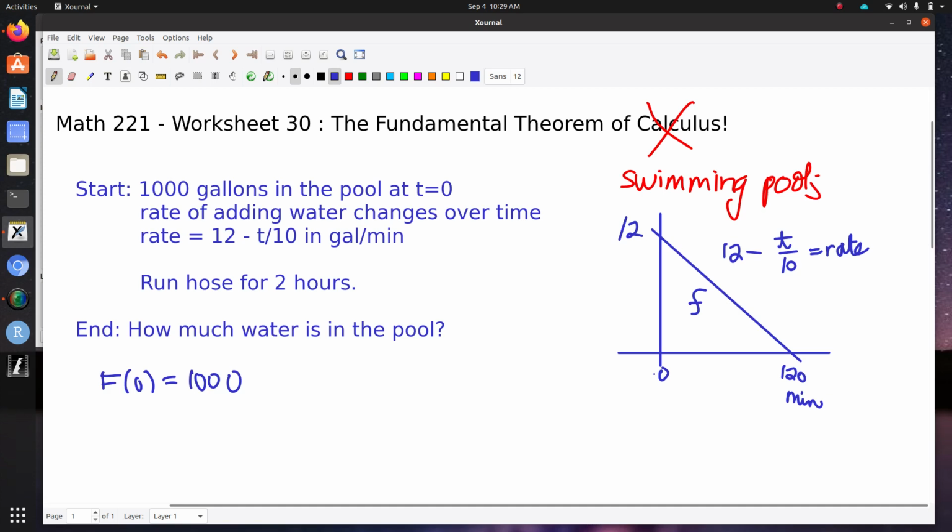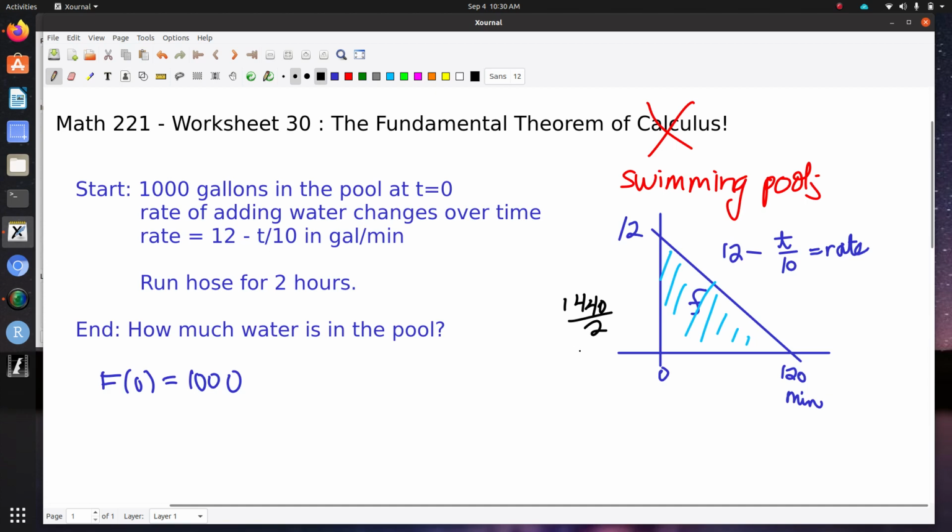So how much is this area under the curve? This area is our accumulated change, but now we have to figure this out. How much have we accumulated over that time period? Okay, you did this on the last worksheet, so you should know that it's 1440 over 2, because it would be half of this rectangle if we could turn that into a rectangle.